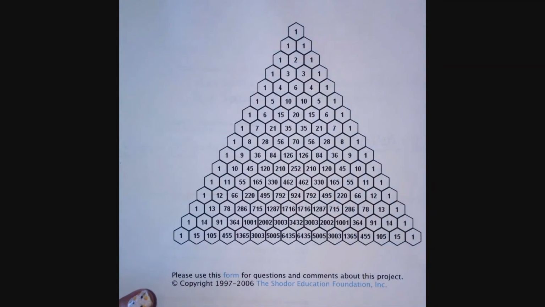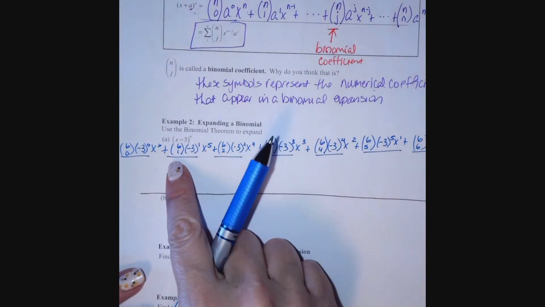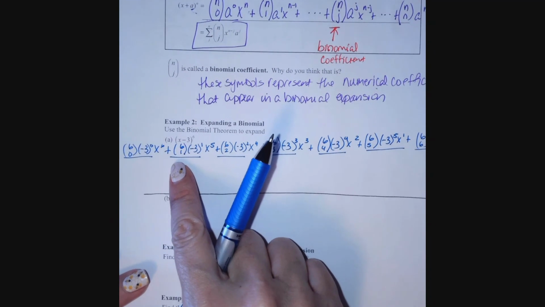Now, I'm not going to give you a Pascal's triangle on the exam, so you have to either know how to create the triangle or be comfortable with working out each of these binomial coefficients. It's totally up to you.